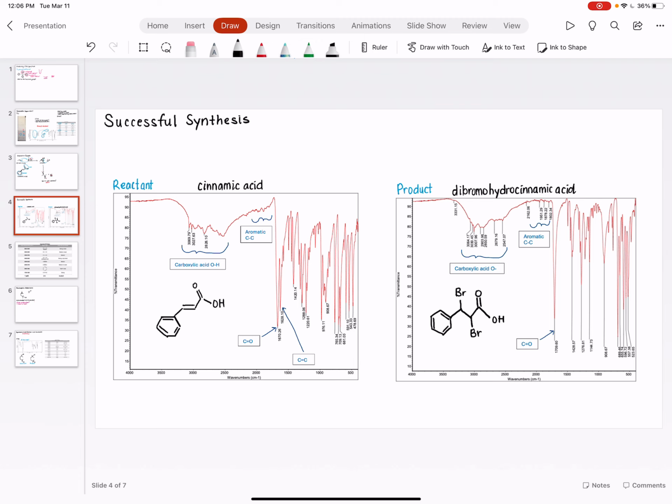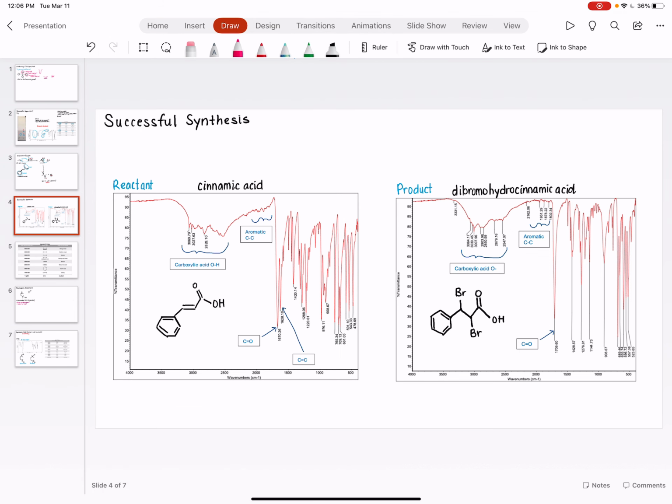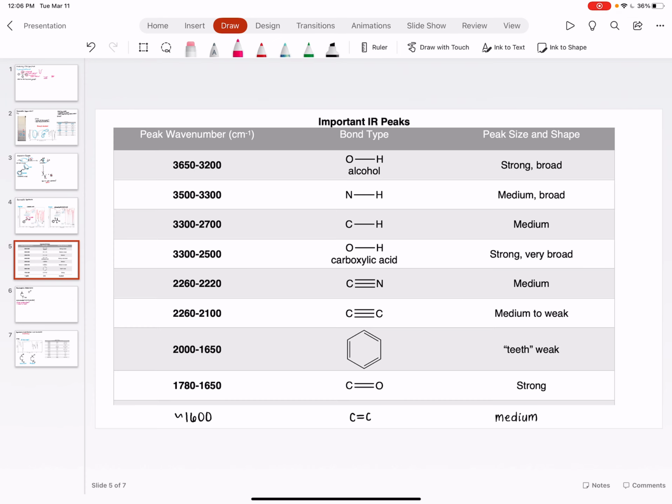So first, let's take a look at our reactant. When I look at the structure, I can recognize this carboxylic acid, or COOH. And if I flip over to the important IR peaks, I can see it right here from 3,300 to 2,500, and we see that it's strong and very broad.